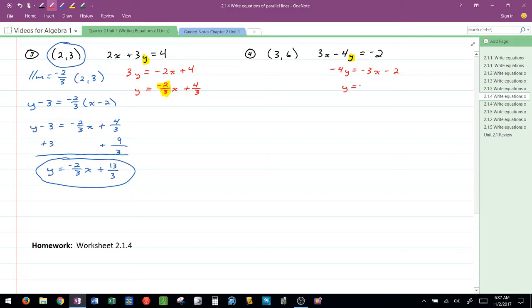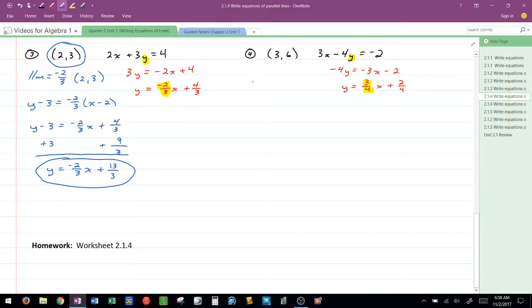Well, a negative 3 divided by a negative 4, that's going to be positive 3/4 x. And a negative 2 divided by a negative 4, well, that's going to be positive 2/4, which I could simplify to 1/2. But remember, this is all I'm worried about: what's the slope of the given equation?